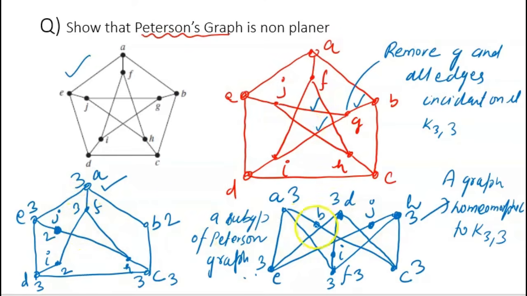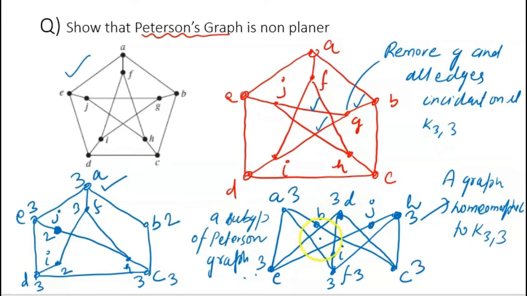I have redrawn the structure, and while redrawing it, what I kept in mind is that we know that in K33 these three vertices and these three vertices should be of degree 3. So I tried to place them, and those vertices which are of degree 2, I placed them in the form that it looks like they are doing the elementary subdivision.